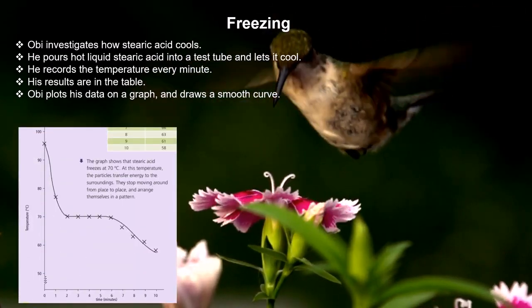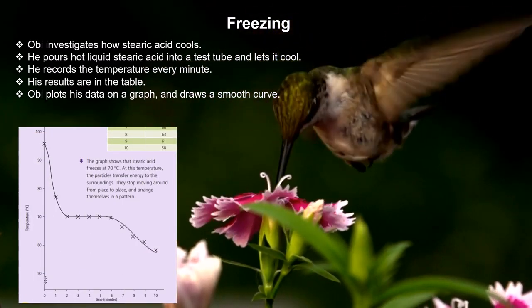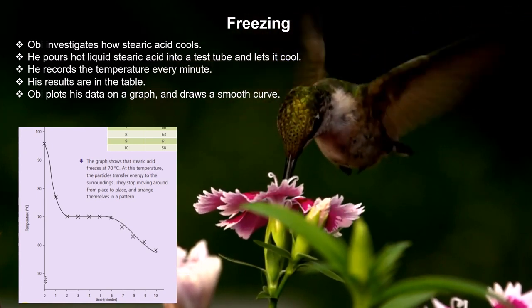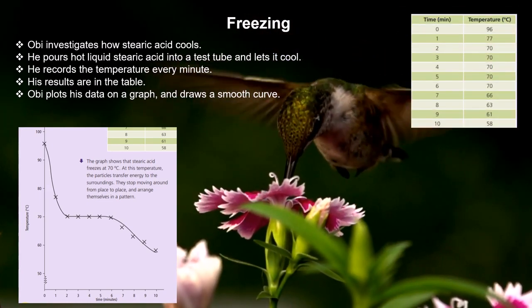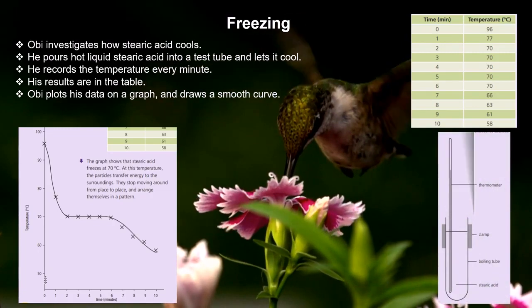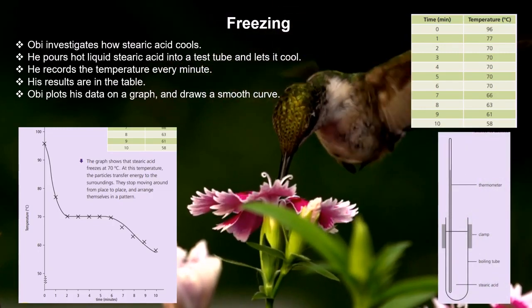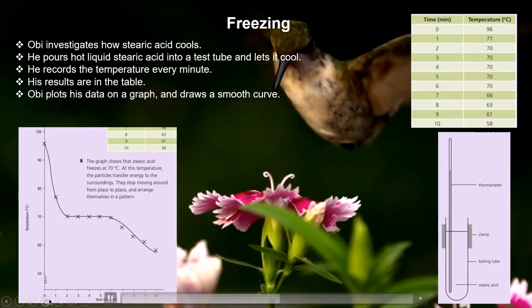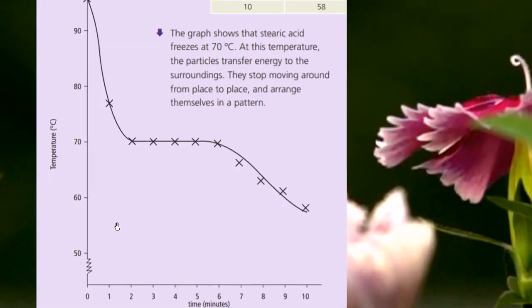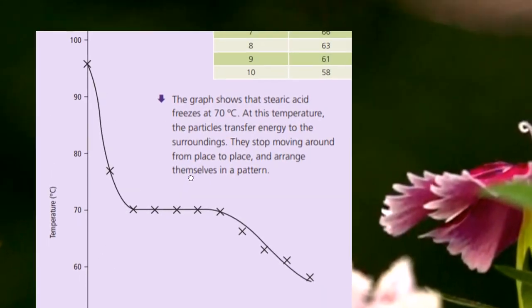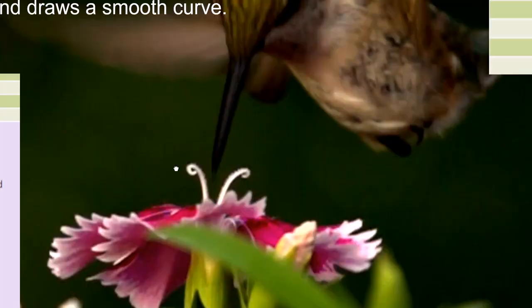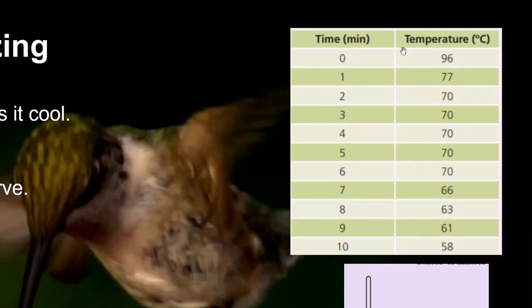Okay, so over here I have shown the whole graph line. This is the graph and the table is over here. And this is the thermometer and the test tube he used. His results are quite simple. When it was 0 minutes, the temperature was 96.